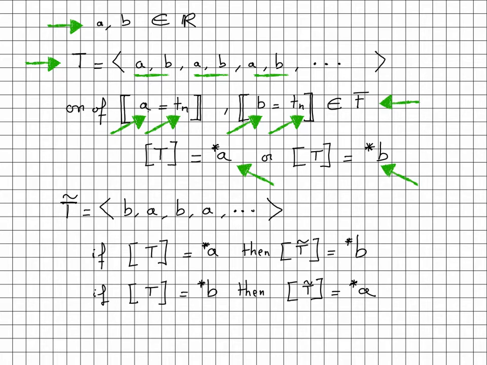If you then define the sequence t tilde as a succession of b, a's, then you can say that if the equivalence class of t is *a, then the equivalence class of t tilde is *b, or the opposite: if the equivalence class of t is *b, then the equivalence class of t tilde is *a.